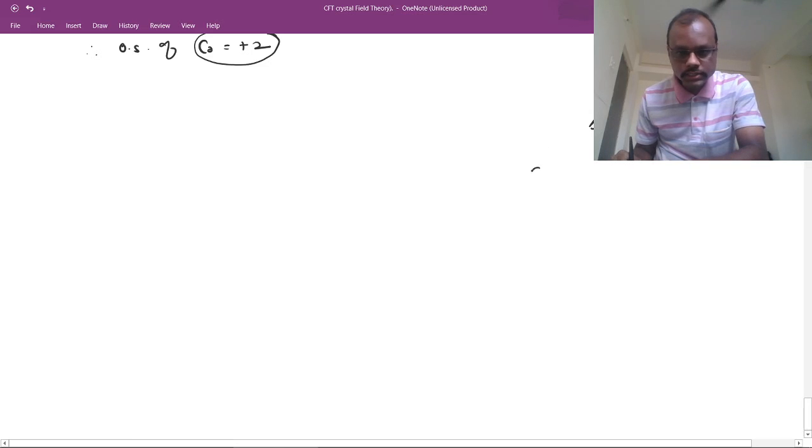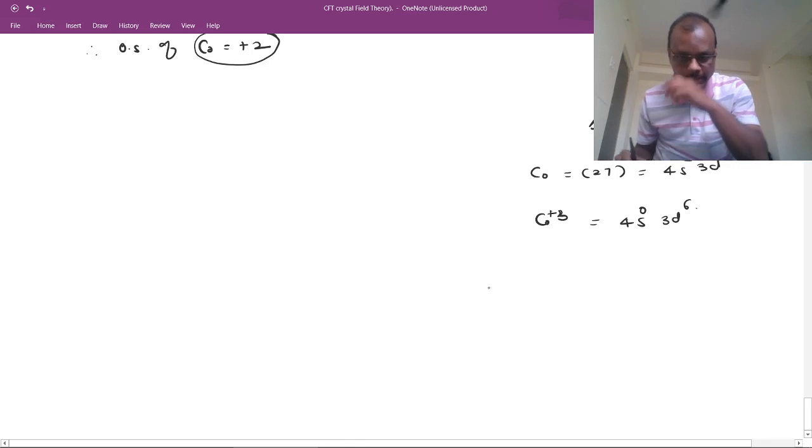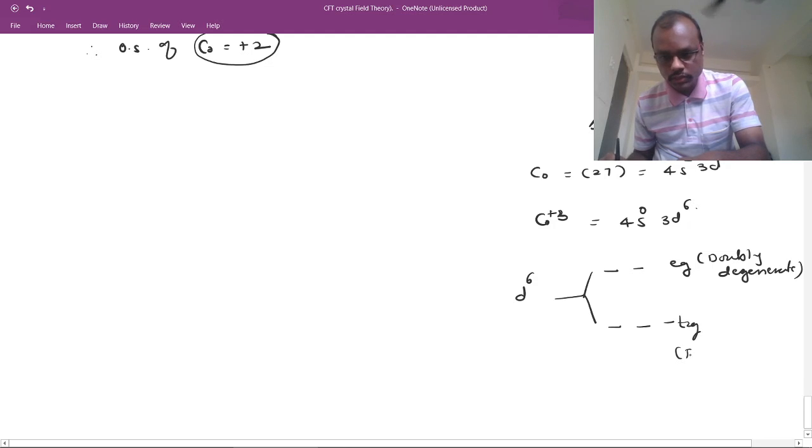Co has atomic number 27, so the outermost electron configuration is 4s2 3d7. Co3+ is 4s0 3d6. For the d6 system, this is my eg, doubly degenerate, and this is my t2g, triply degenerate.